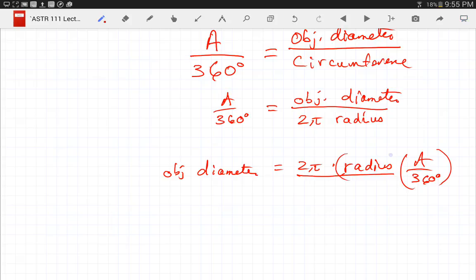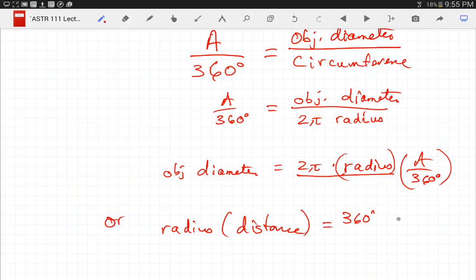So if I solve this for radius instead, the distance of an object away is equal to 360 degrees over A times the diameter over 2 pi.